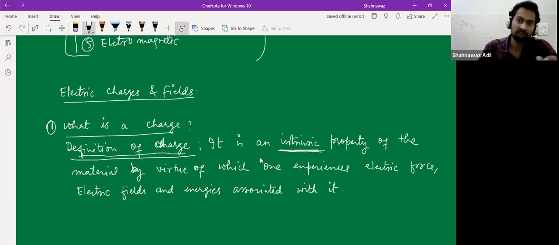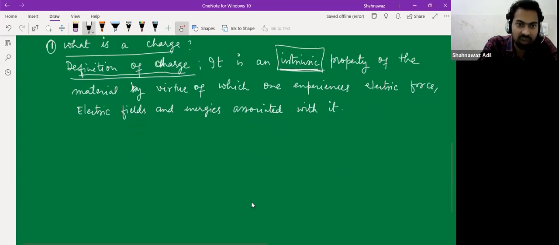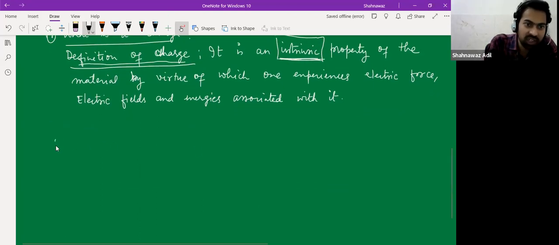That will depend upon the number of electrons and protons, right? So this is about the definition of charge. The most important thing to remember is that it is an intrinsic property. And the second thing is the basic features of charge.